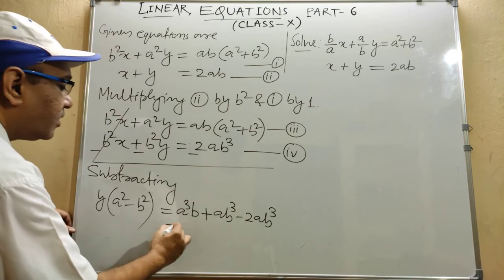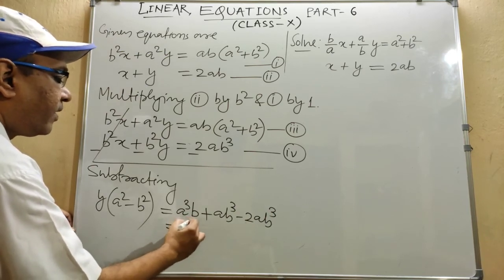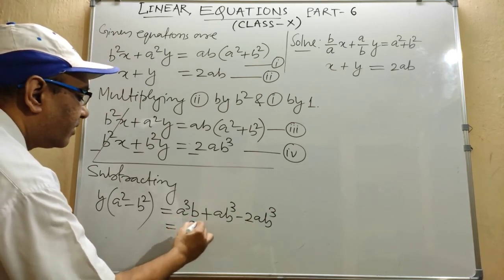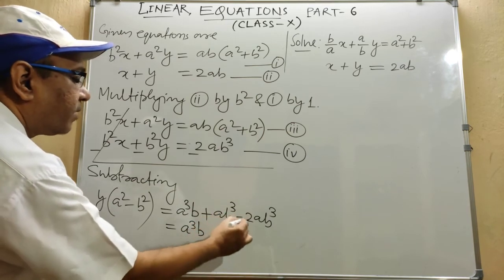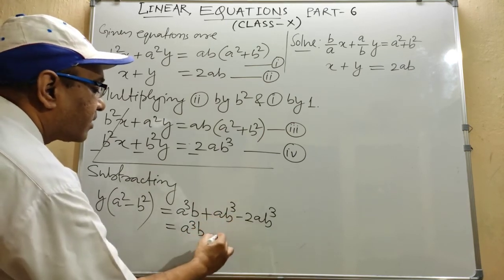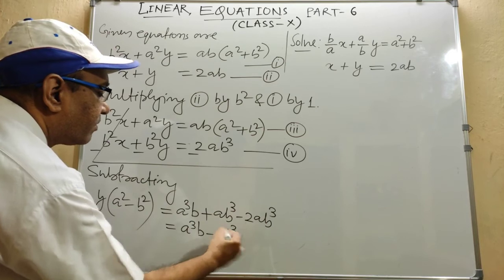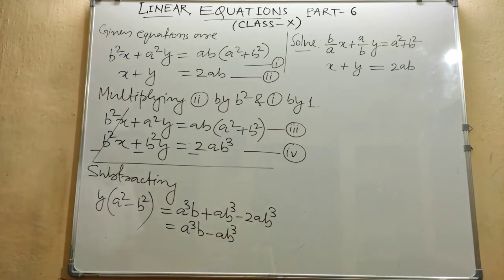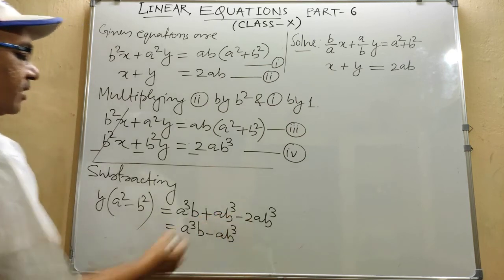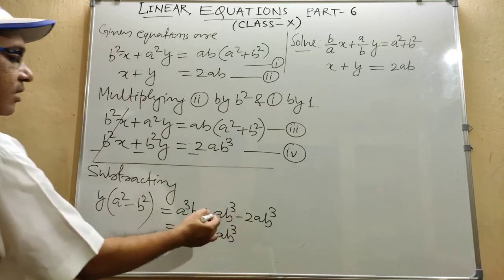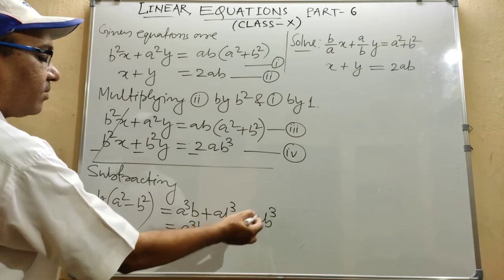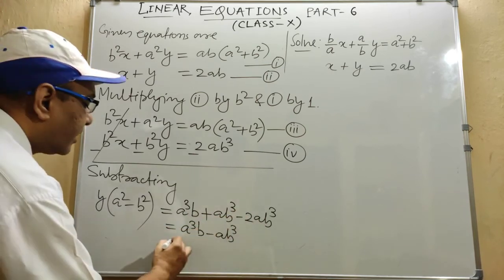So a cube b, a b cube minus 2a b cube, the sign will be of the bigger one, so it is a cube b minus a b cube.